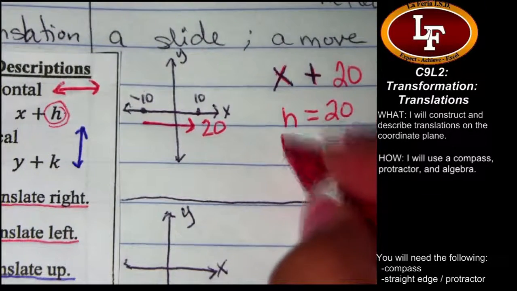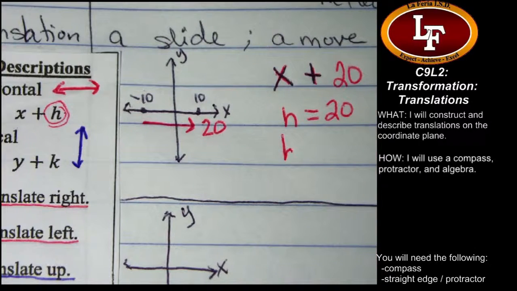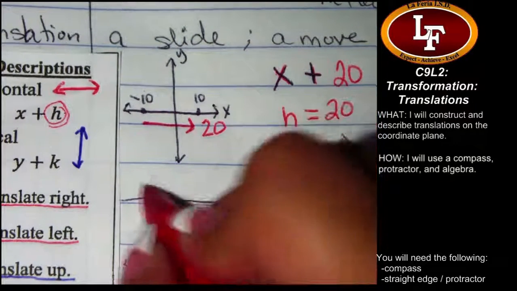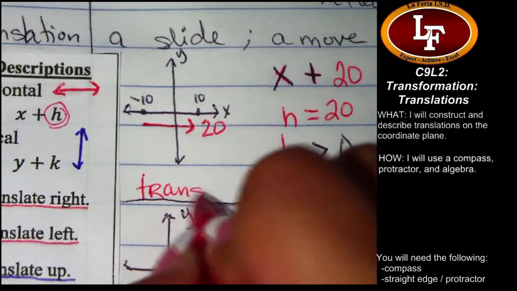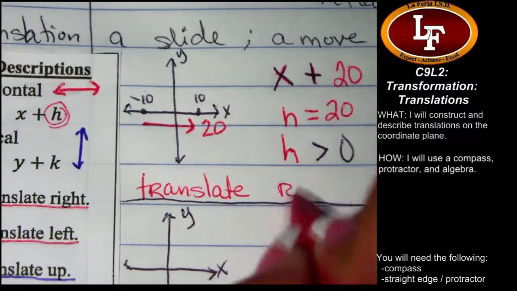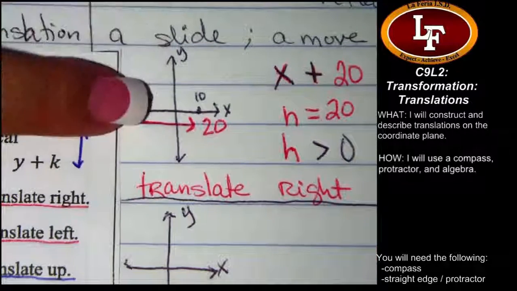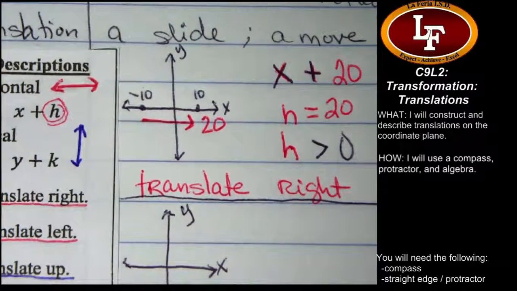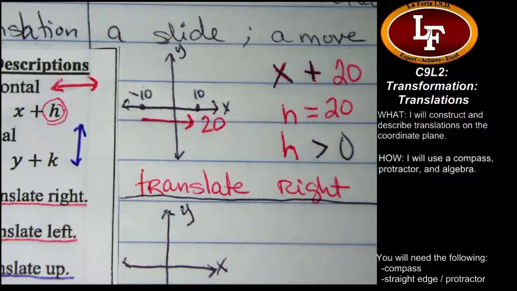Is h bigger than or less than 0? Bigger. Nicely done. h is bigger than 0. Which means, what direction did we translate? To the right. You can see it physically on the graph with the arrow that I put, and you can see it because the value of h is bigger than 0. Make sense?